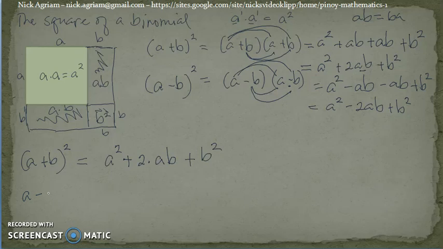And if we have A minus B squared, it is also the same. The only difference is the negative 2AB, plus B squared. Let's see some examples.